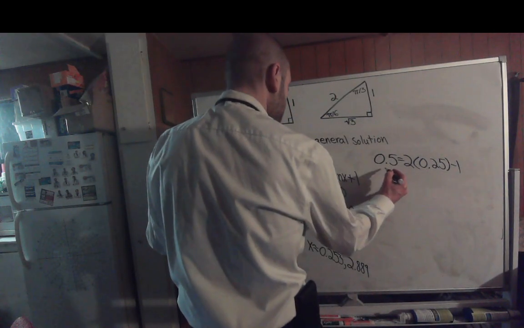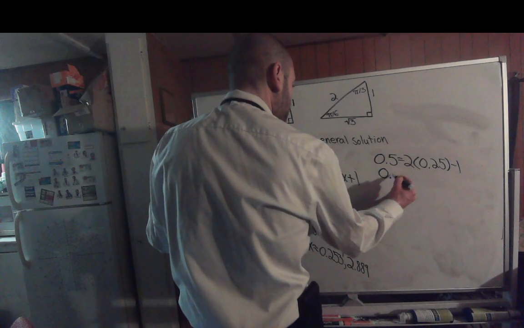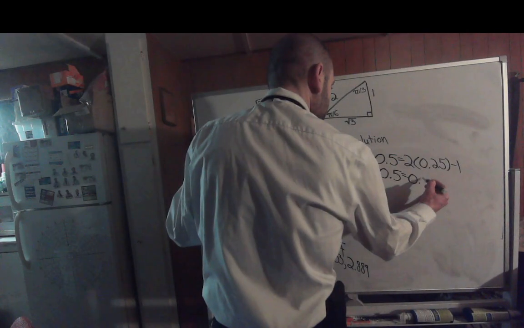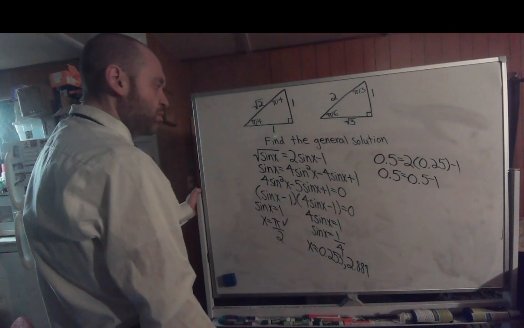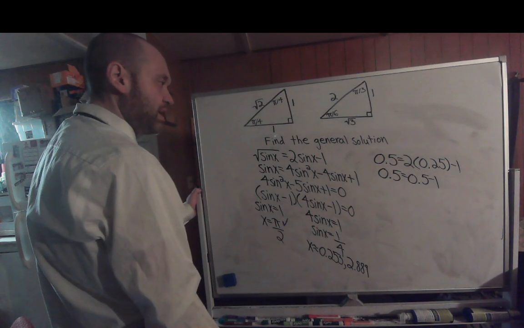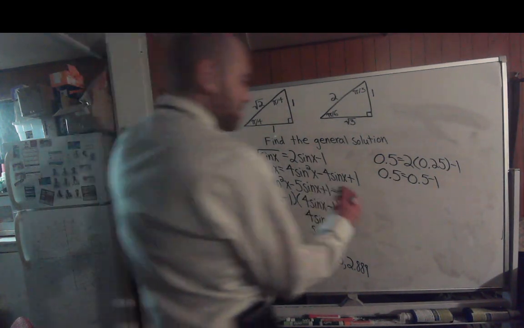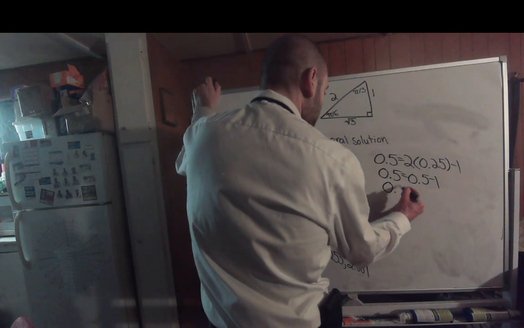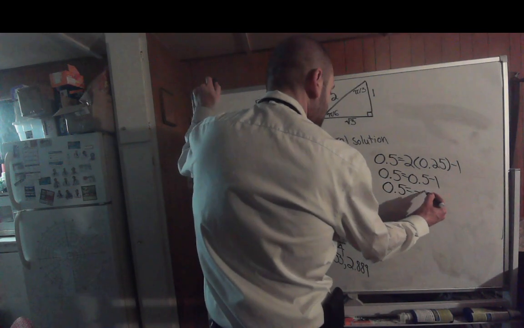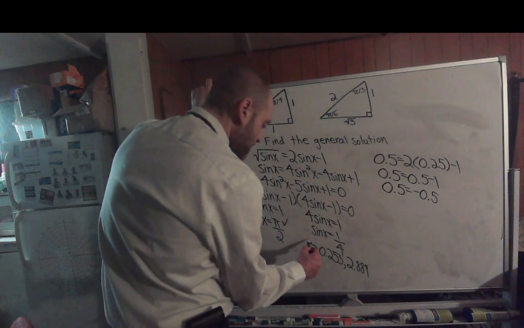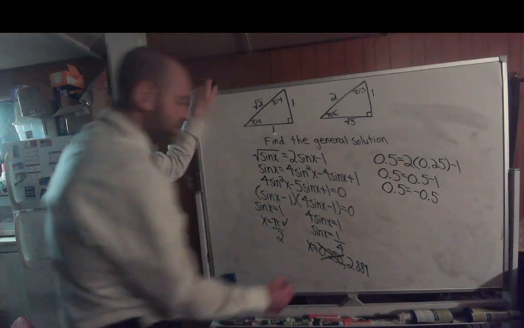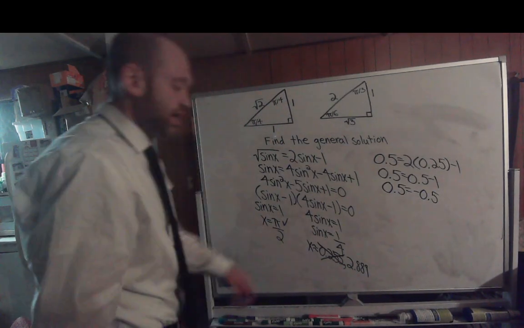So that would give you 0.5 equals 0.5 minus 1. Well, that's not going to work, because you would end up getting 0.5 equals negative 0.5. So we know that actually doesn't work. So that 0.253 radian is not going to work.